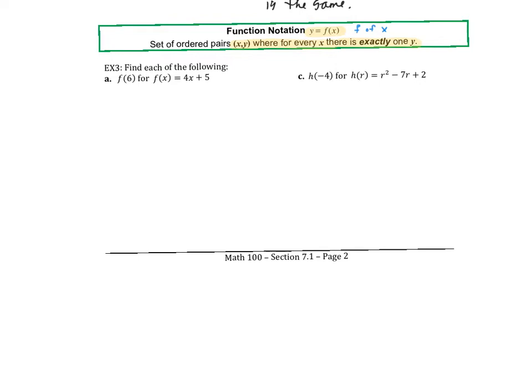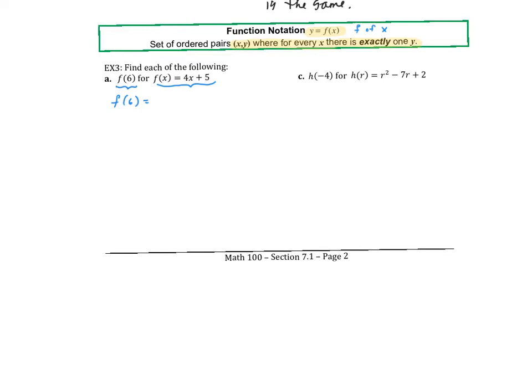In example 3, we're going to use this function notation. So if I had to find f of 6, what that means is in my function that I'm given, 4x plus 5, it's just a substitution.